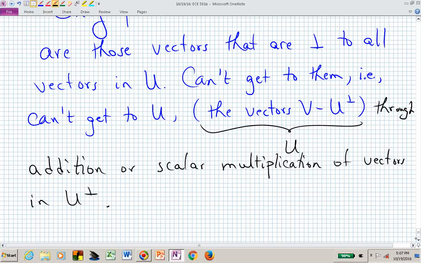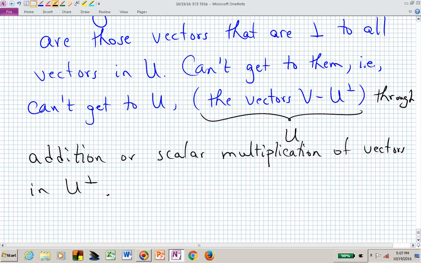So if you give me a vector in U perp, and I take another vector in U perp, and linearly combine them, those are still orthogonal to everything in the subset.